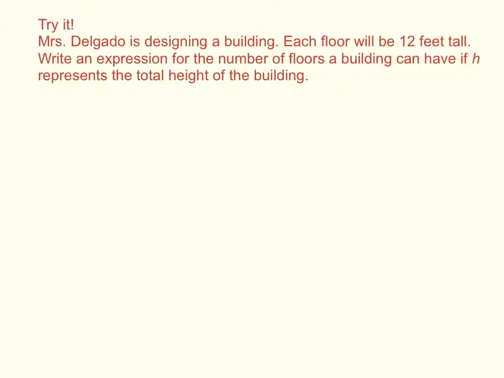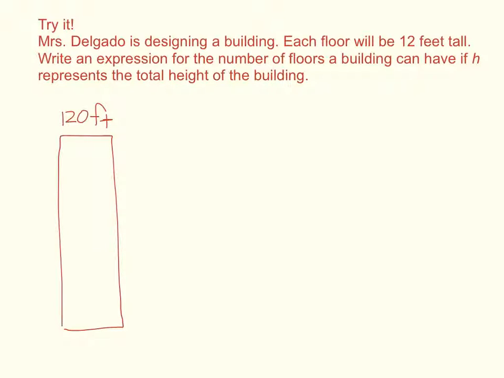Go ahead and pause it. Try and write an expression on your own for this story problem. Okay, this one is a little bit trickier, but let me help you out. Let's draw a picture. Let's say that her building is, let's just say it's 120 feet tall. That's nice and easy to work with.